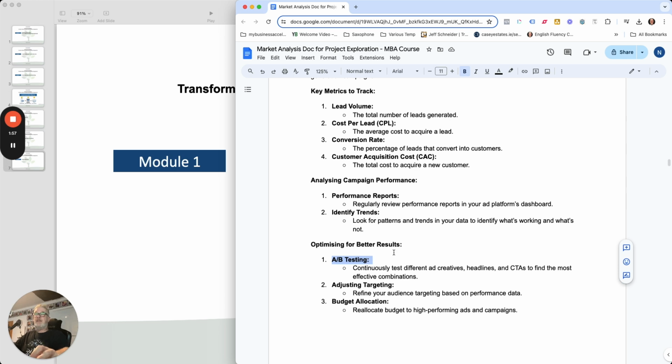A/B testing could be testing different audiences, but it could also be two variations of the same ad going to the same audience. So there are lots of opportunities to do some A/B testing, and that generally helps the algorithms to dig deeper and to find the really interesting leads for us.